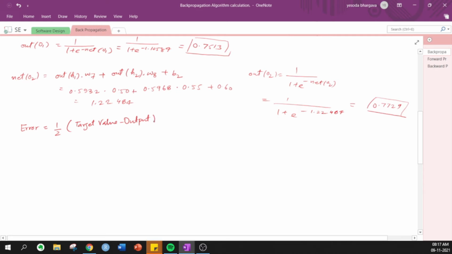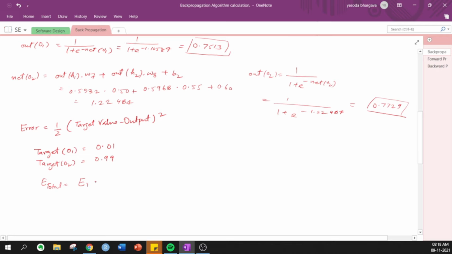The function can change depending on context. Target O1, and this notation is also important to remember, is 0.01, and target O2 is 0.99.